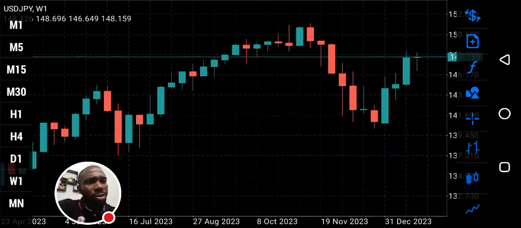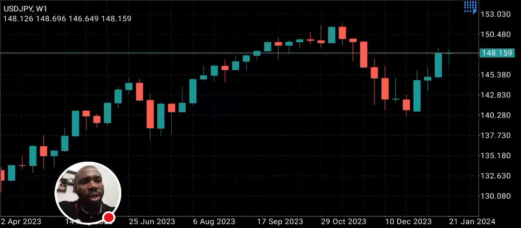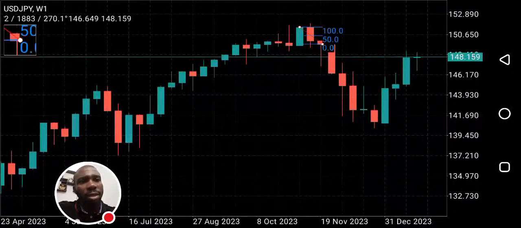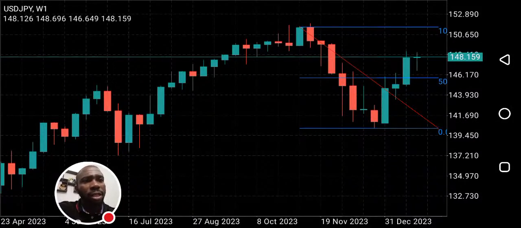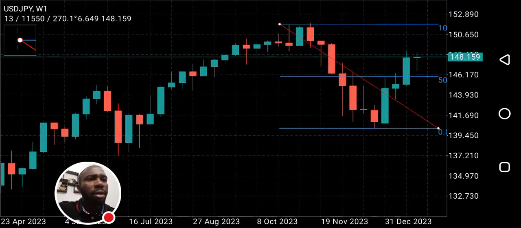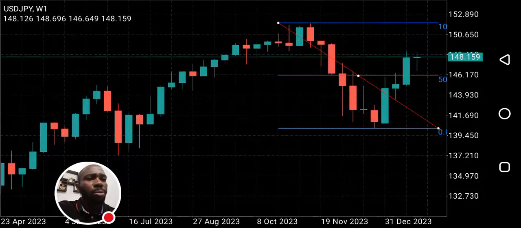Also, if we apply our Fibonacci from this swing high to this swing low, you will see that price is currently at a premium level, so it's possible we might experience a pullback.